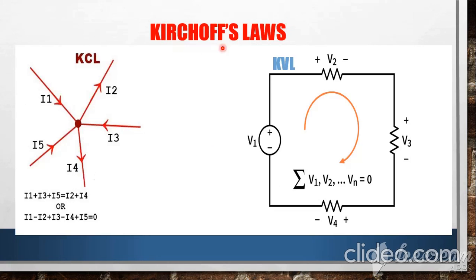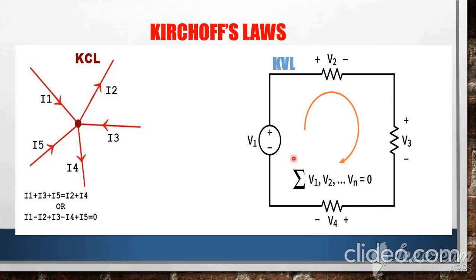Then comes Kirchhoff's law. There are two Kirchhoff laws, Kirchhoff's current law and Kirchhoff's voltage law. Kirchhoff's current law states that the sum of currents meeting at a point is 0, or the sum of currents entering a node is equal to the sum of currents leaving the node. And Kirchhoff's voltage law states that the sum of potential differences in a circuit, that is sigma V1, V2, etc. Vn, is equal to 0.